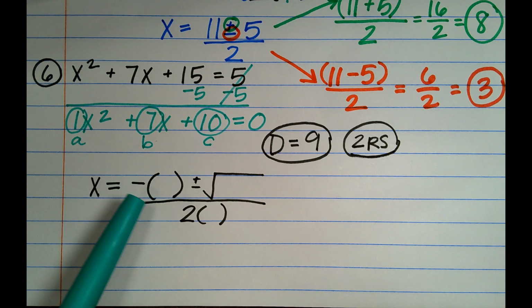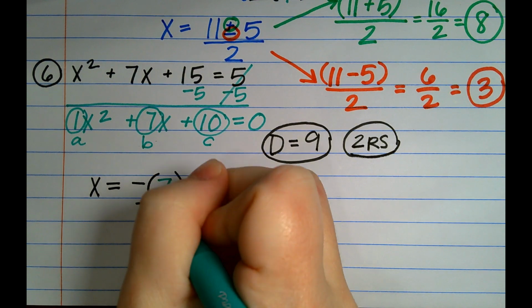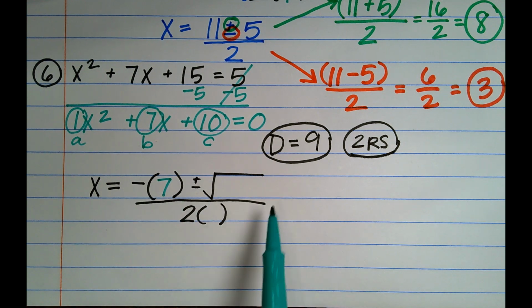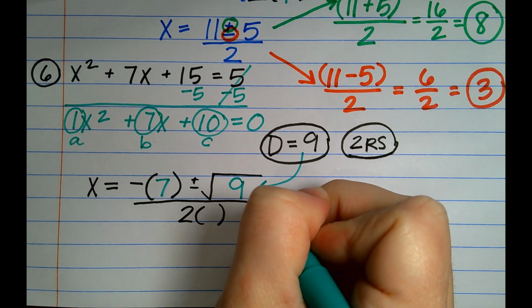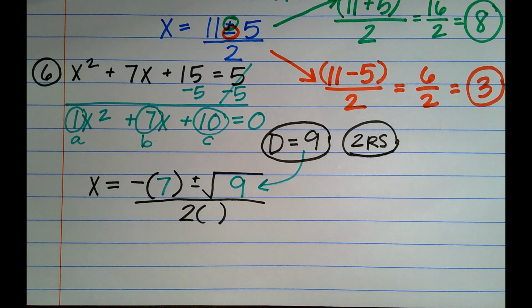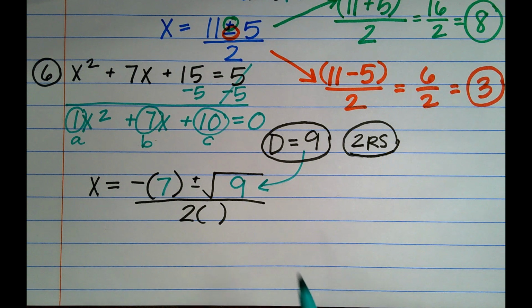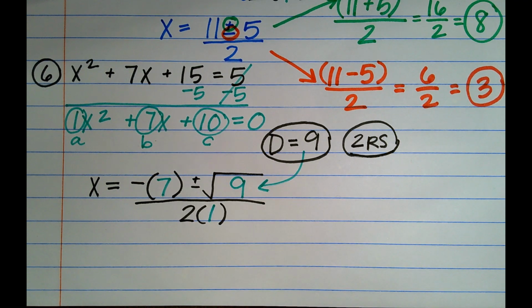So what goes in the first blank? 7. Good. That's our B. What goes under the square root? 9. Our discriminant. There we go. And what goes in the blank next to 2? 1. That's our A value. Perfect.